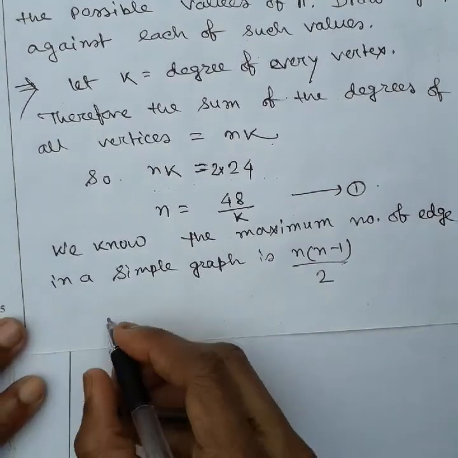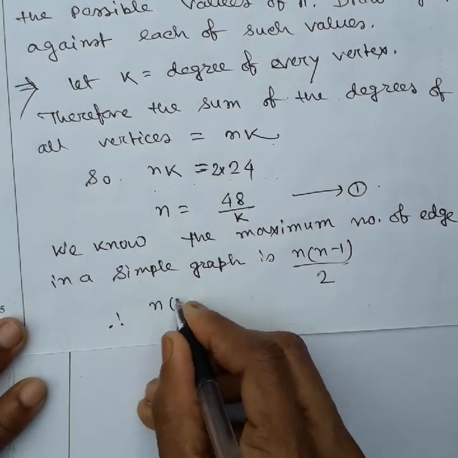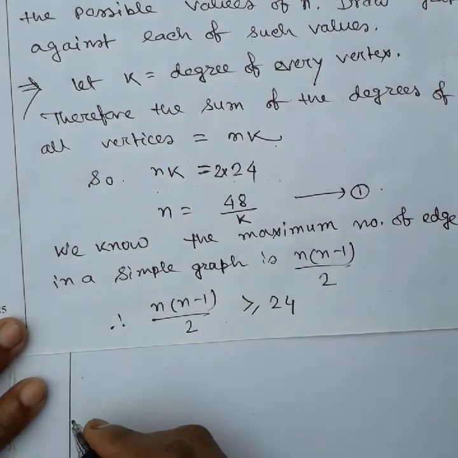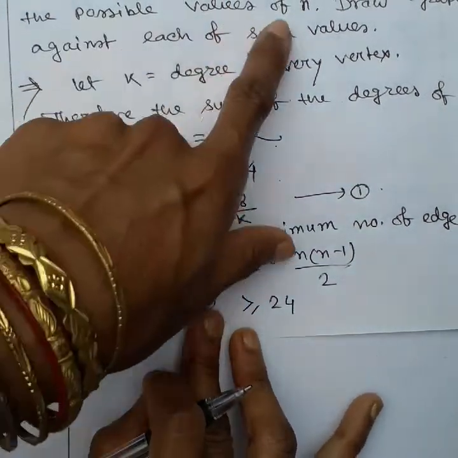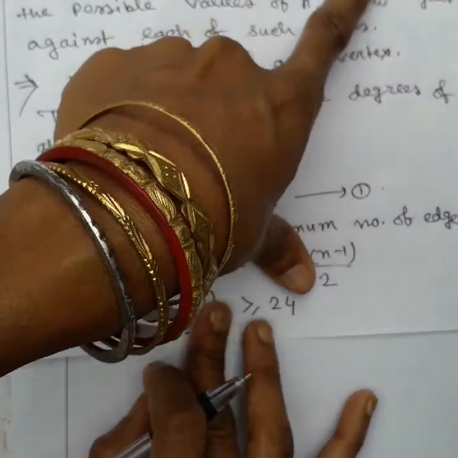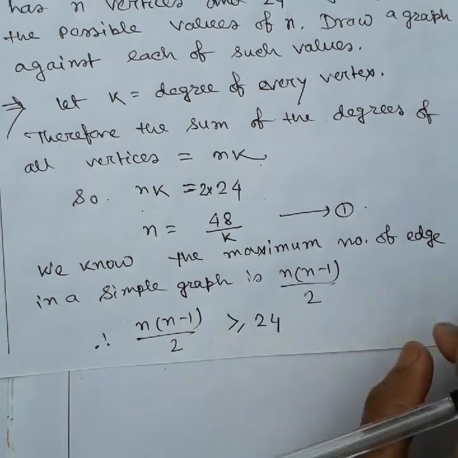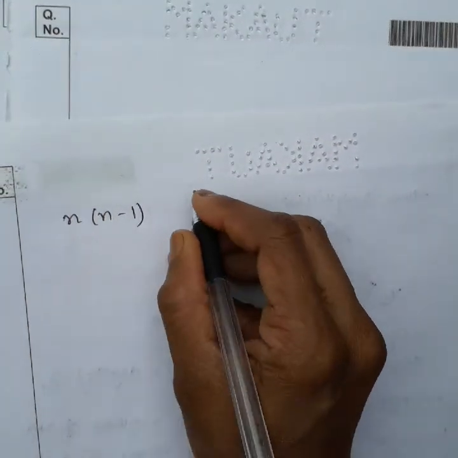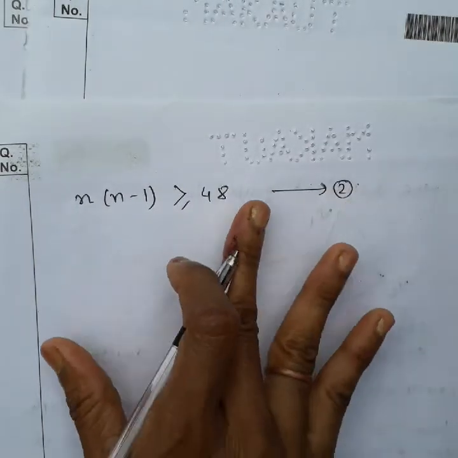As the number of edges is 24 here, n into n minus 1 by 2 is greater than or equal to 24. This is the maximum number of edges for a simple graph. As it is a regular graph, the number of edges may be greater than or equal to 24. So we have n into n minus 1 is greater than or equal to 48. So this is equation number 2.